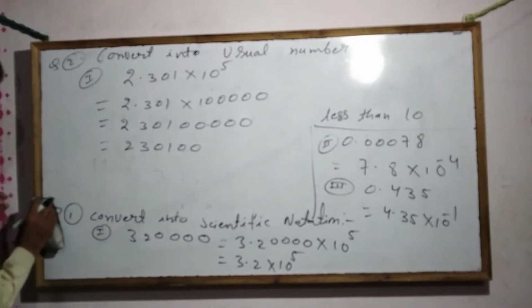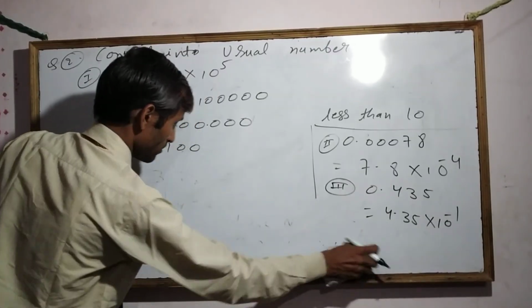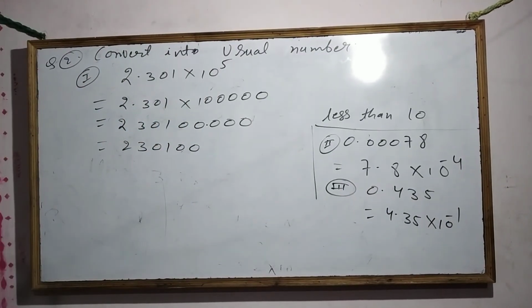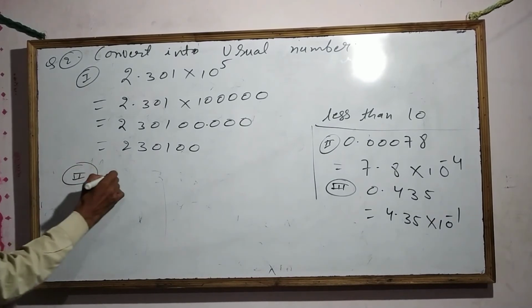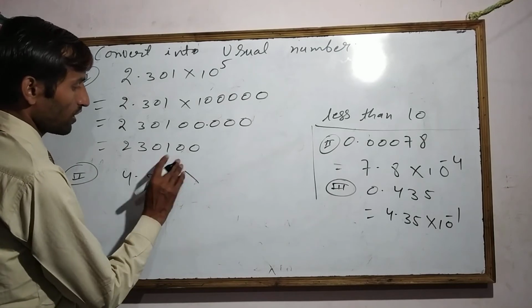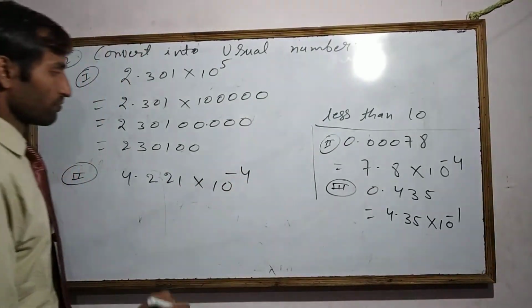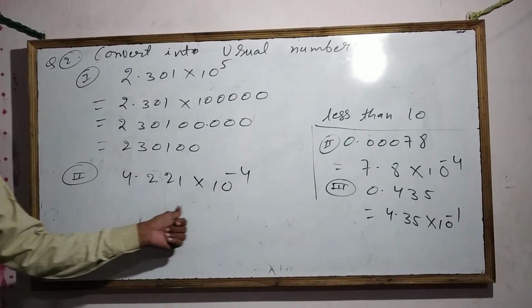Next question: if the power is given as minus, how will we do it? Second part: 4.221 into 10 to the power minus 4 is given. Now we have to convert into a usual number.